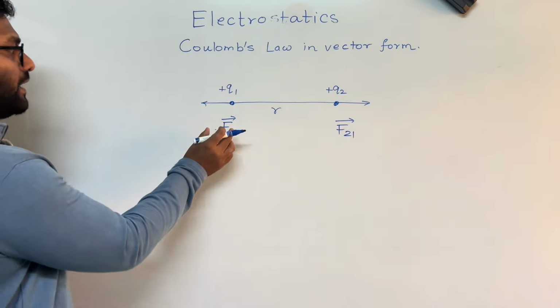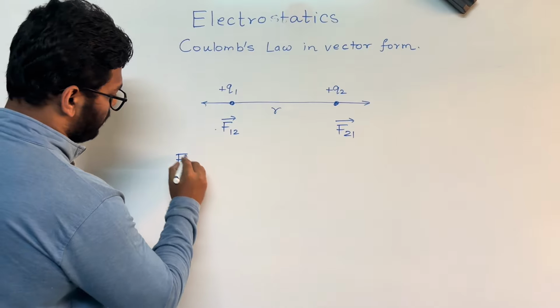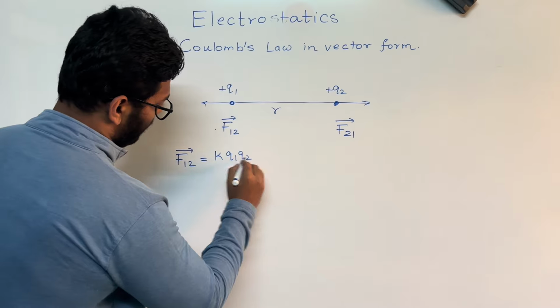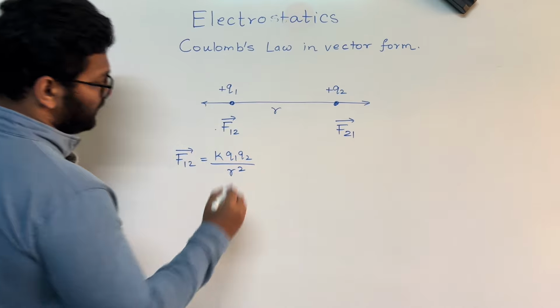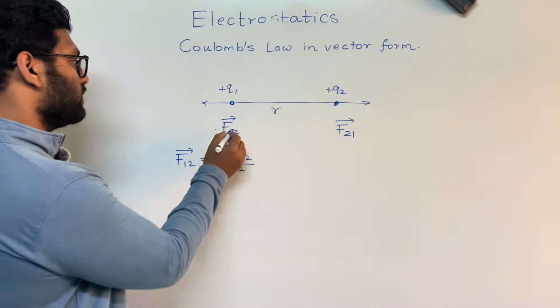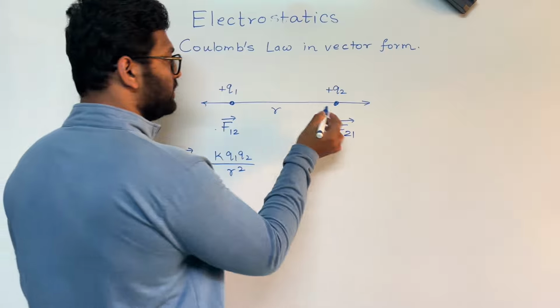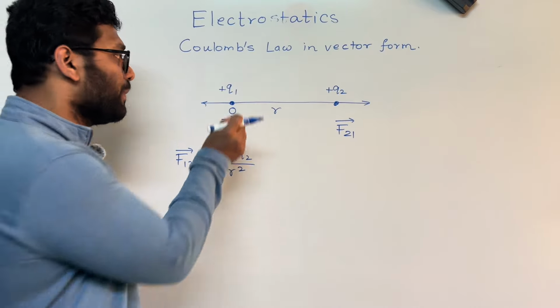Now how will I write this F12 bar in vector form? F12 bar will be K Q1 Q2, till now everything is scalar, divided by R square. Now what is the direction of F12? See, if I take this as my origin, this is my reference frame.